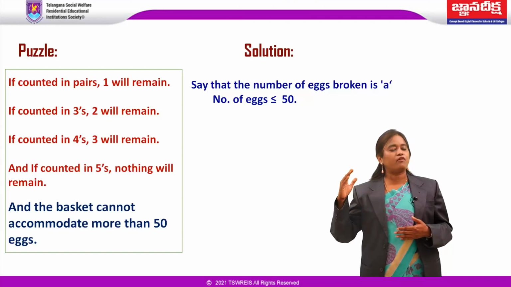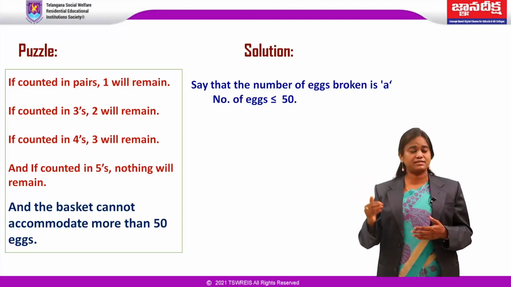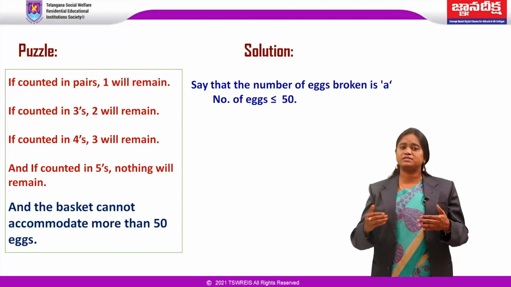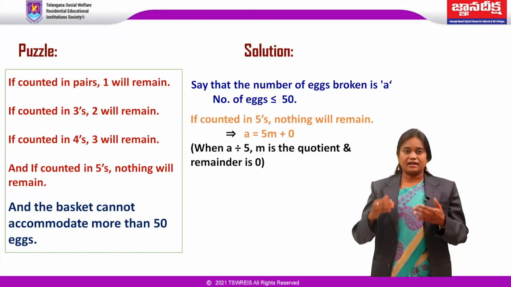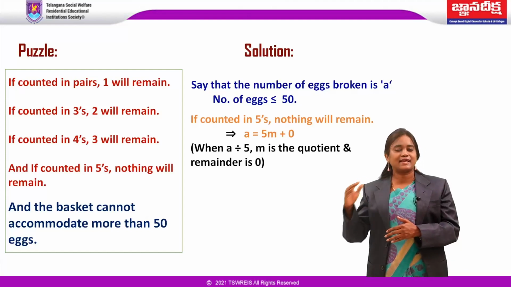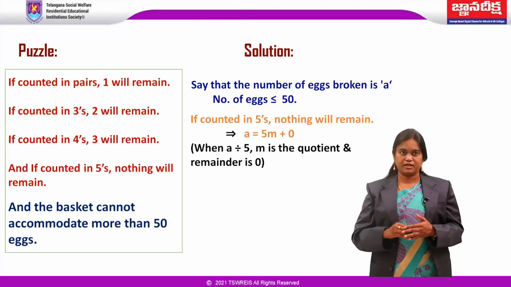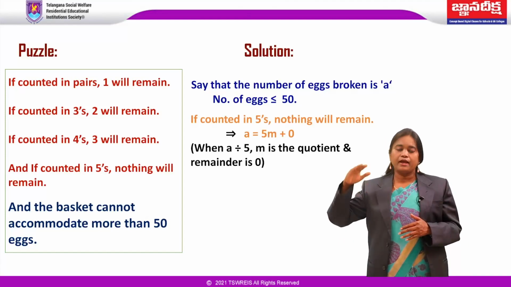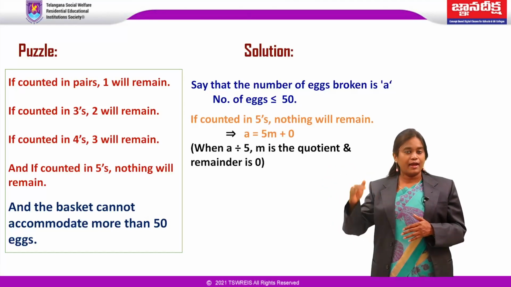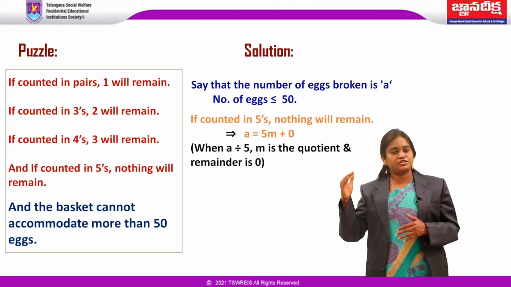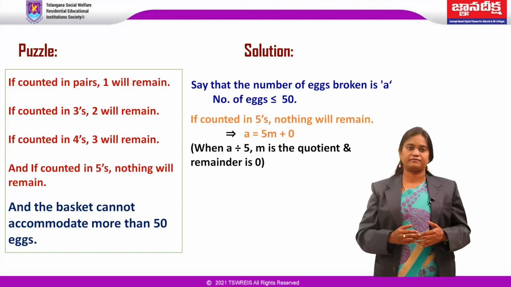The trader said, "If the eggs are counted in fives, nothing will remain," which means that the total is exactly divisible by 5 without leaving a remainder, which translates to A is equal to 5m plus 0, where m is the quotient and 0 is the remainder when A is divided by 5.